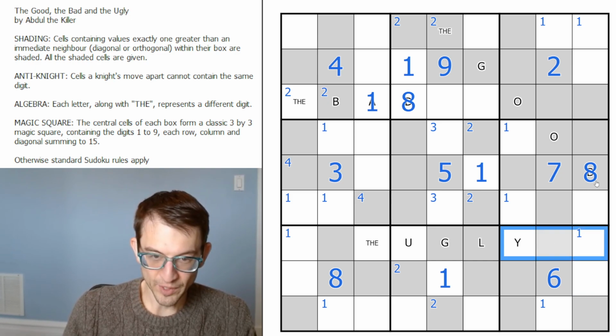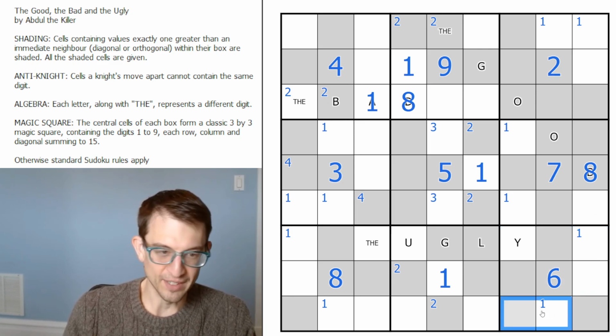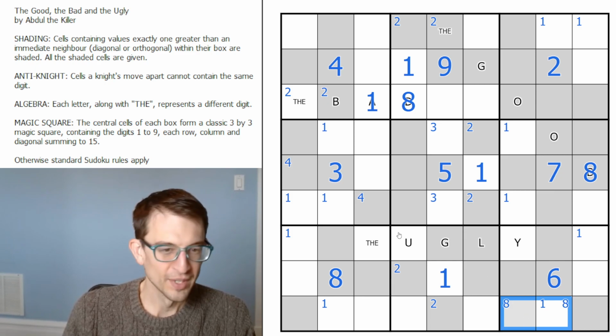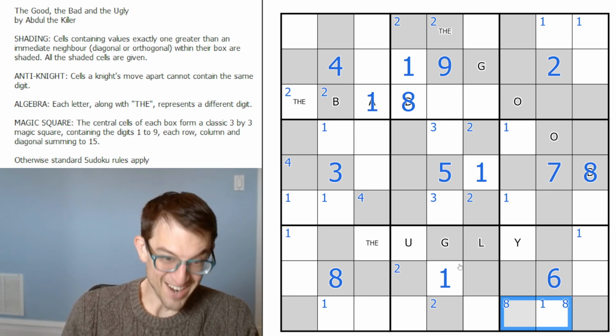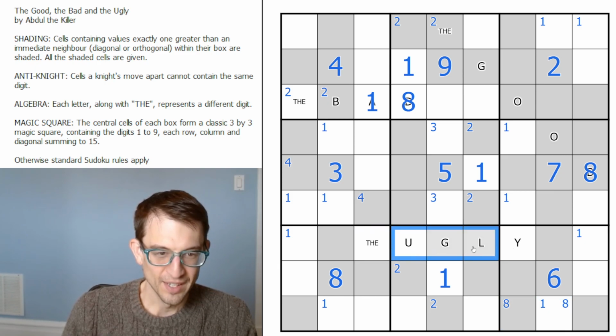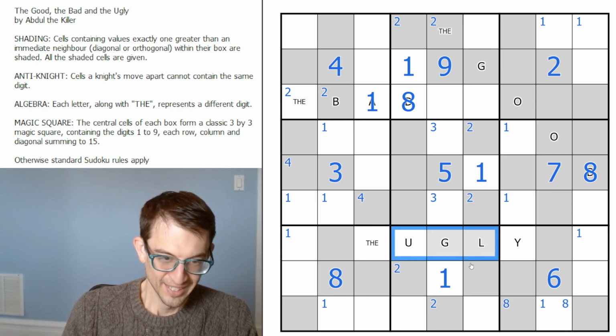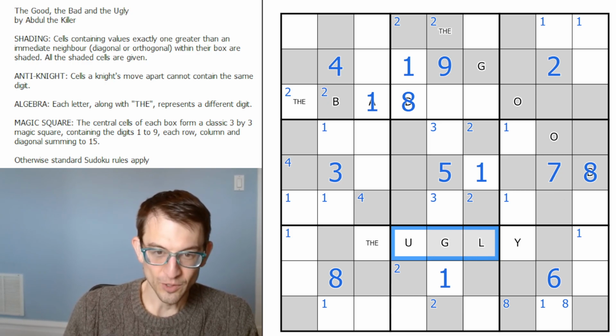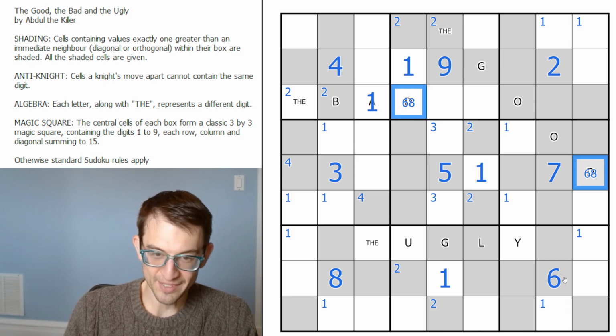It can't be here or here because of either a knight's move or normal Sudoku. Because of this 8, it can't be anywhere here. And so I have to have an 8 in one of those two cells, right? Now we have to turn the crank once more. Where does 8 go in box 8? U, G, and L. It has to go in one of those spots, but it can't be U, G, or L because it's already D. So D cannot be 8.